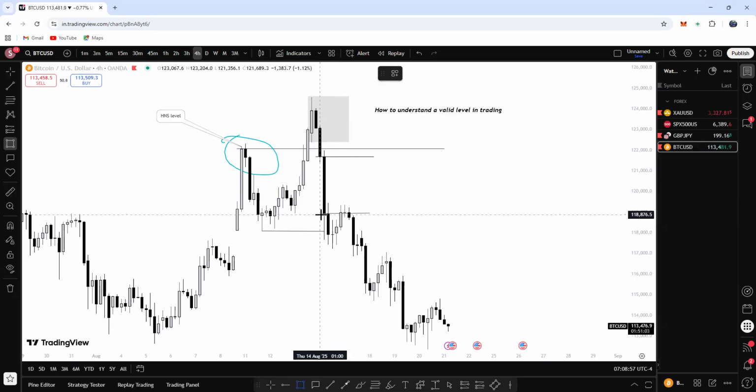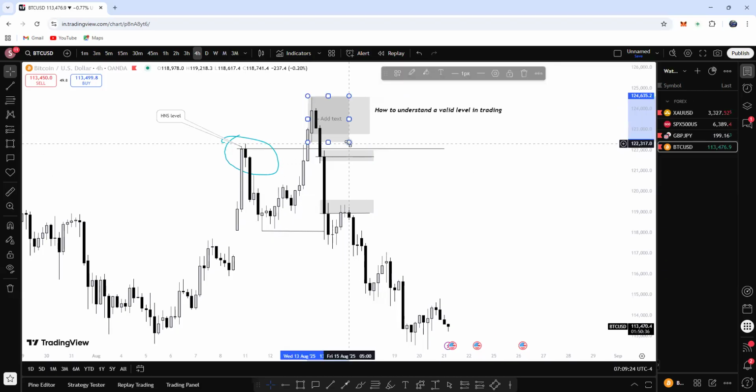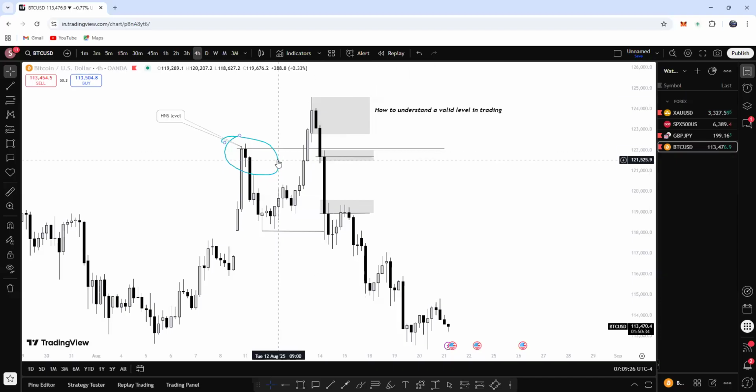Let's say you put your sell limit here, you put another sell limit here, you put another sell limit here. Let's assume price didn't follow this first zone. They broke it upward, broke this one, and they now dropped from this. But to minimize that is what we are going to be looking at now.